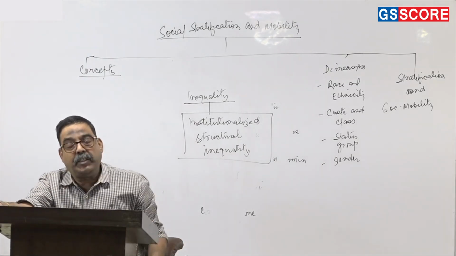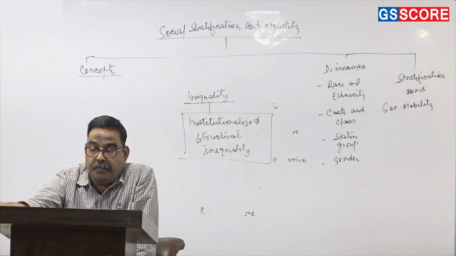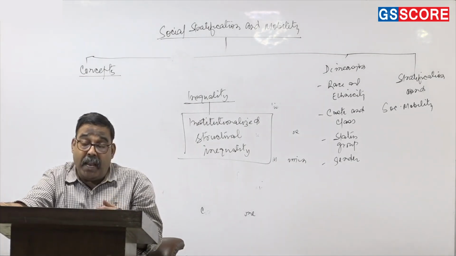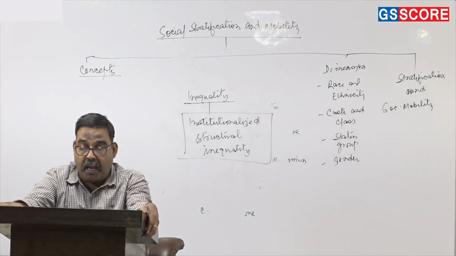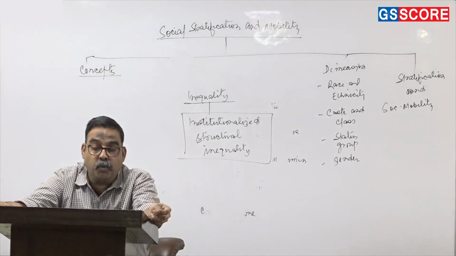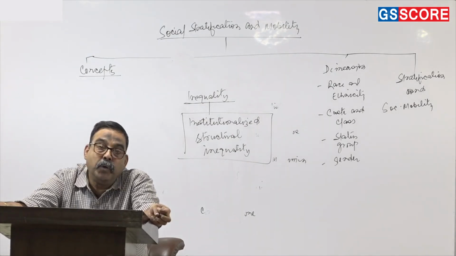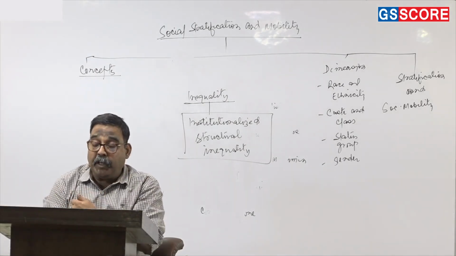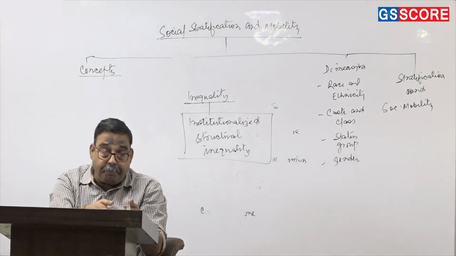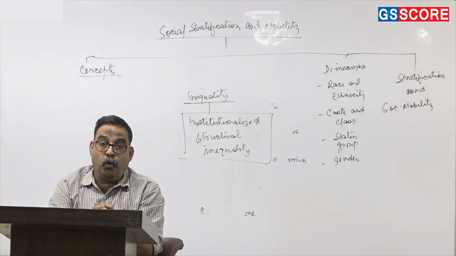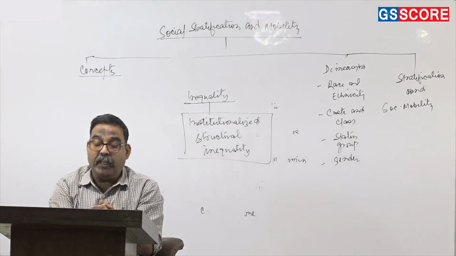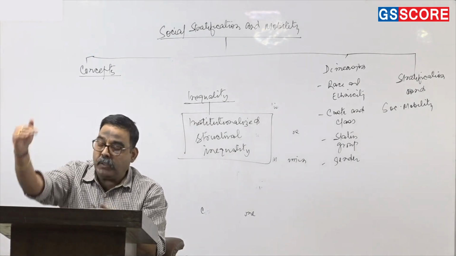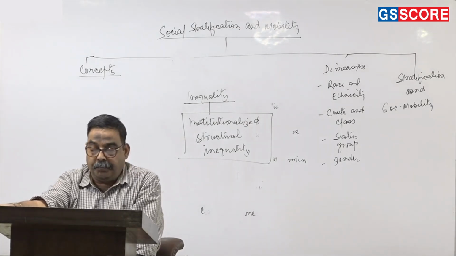Order, stability and cooperation in society are based on value consensus, that is, a general agreement between the average members of society concerning what is worthwhile and desirable, what is worthy and right. The system of stratification is derived from this value consensus, where the members of society are valued equally, and consequently, on the basis of that evaluation, they are placed in a ranked order in society.